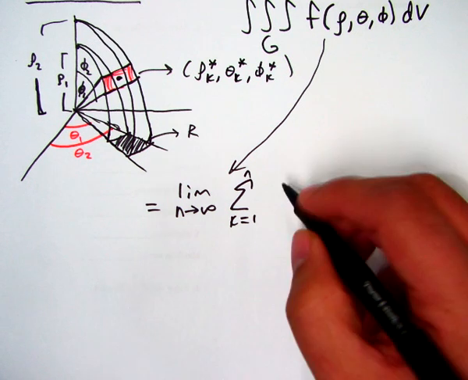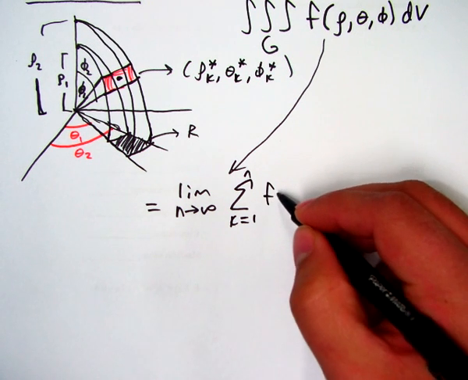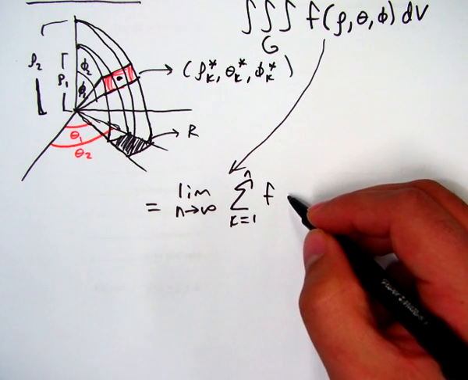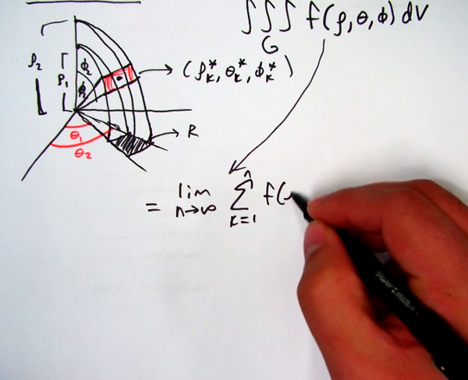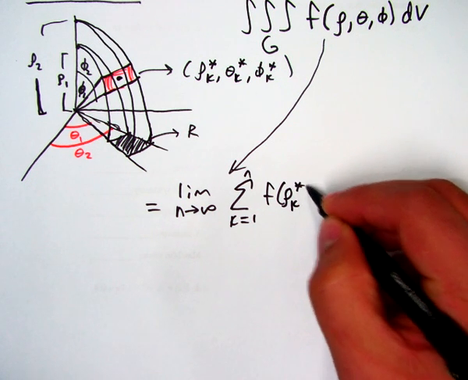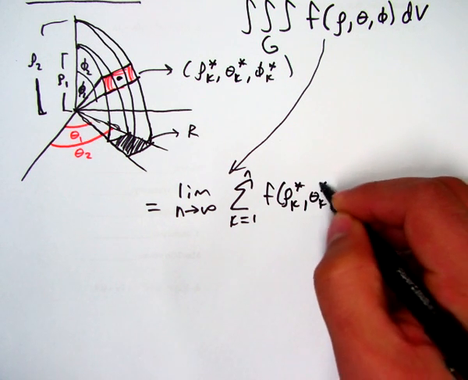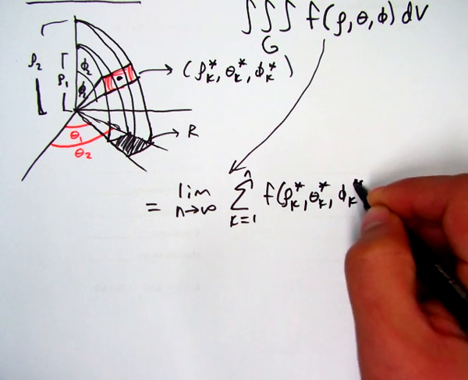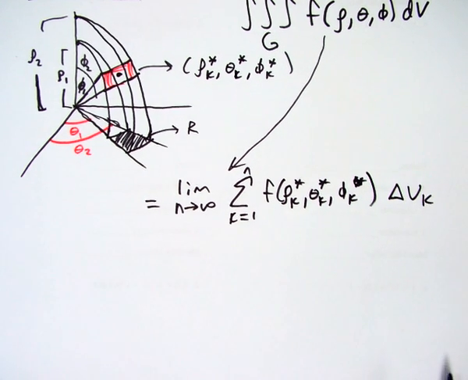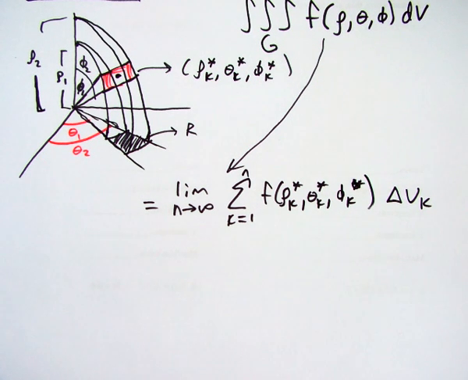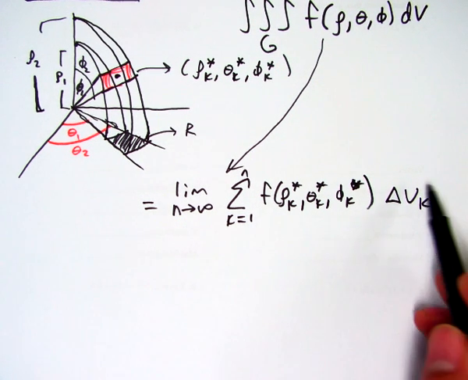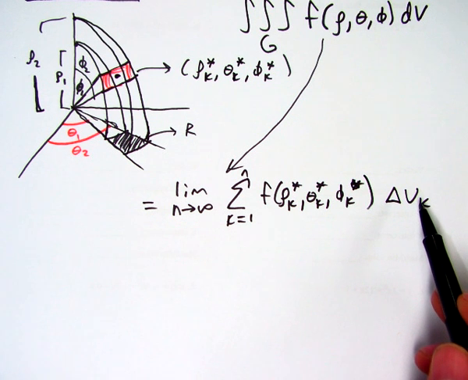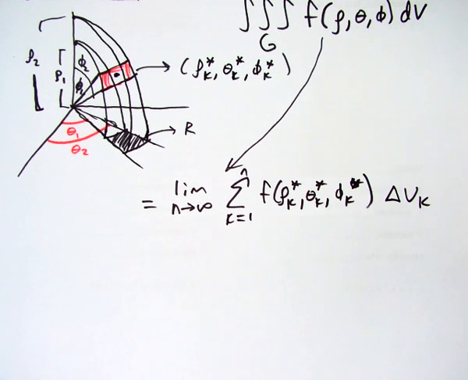And obviously we're just going to evaluate the function, f of rho sub k star, theta sub k star, phi sub k star. Okay. So look, we're going to skip the derivation for what this turns into, mostly because it's long and I can prove it to you in 14.7 using a different method, which is a lot shorter.